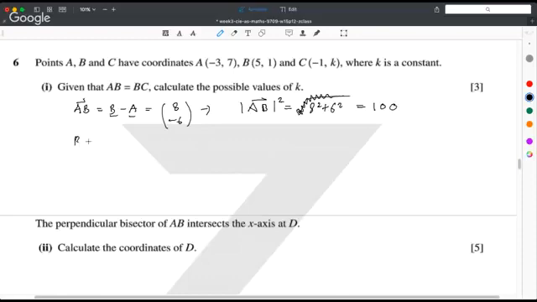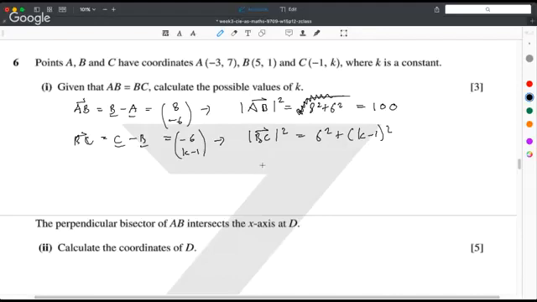And now BC, which is C minus B, is equal to (-6, K minus 1). So BC mod squared is 6 squared plus (K minus 1) squared. These two things must be equal, because if AB is equal to BC, then AB squared is equal to BC squared.